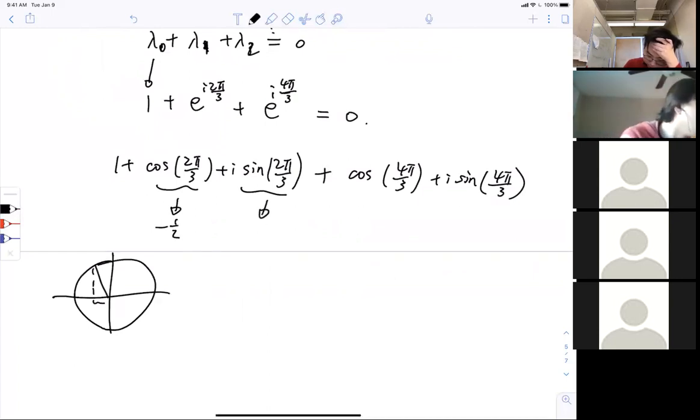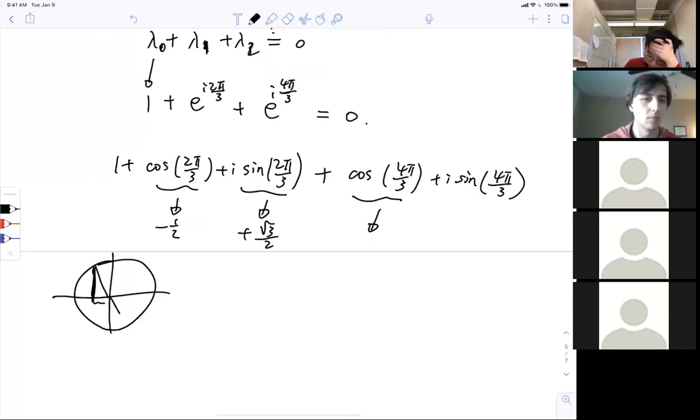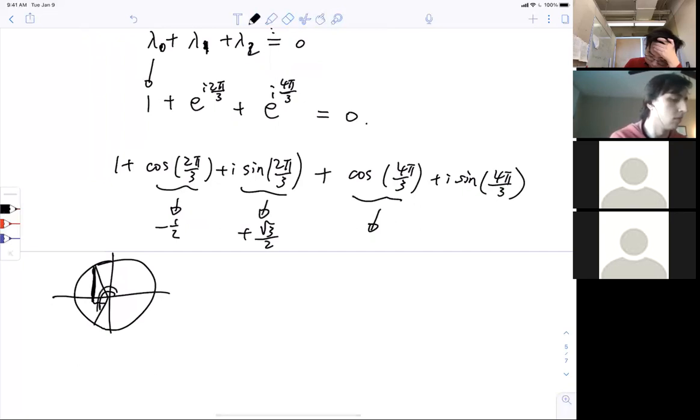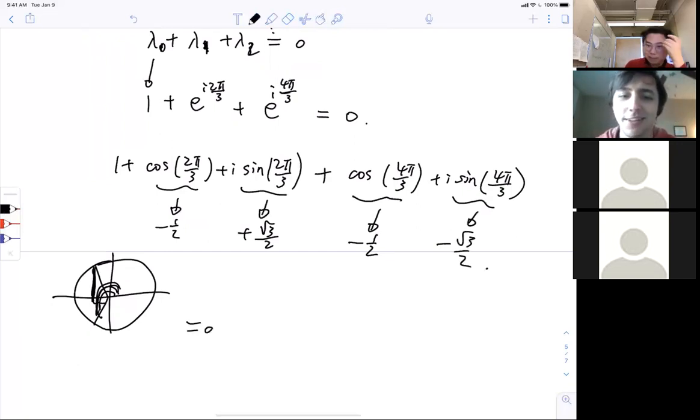This is plus the length of this edge, which is square root of 3 over 2. This is this angle, right? It's also minus half. This is minus square root of 3 over 2. So yeah, you're right. I checked on the calculator. Yeah, you will always add up to 0.